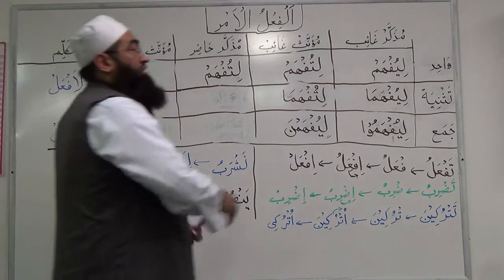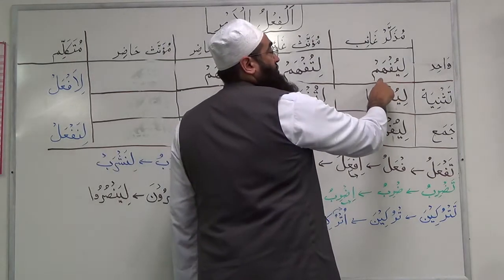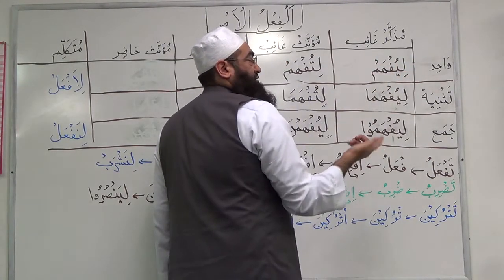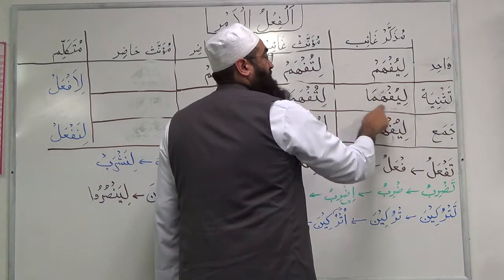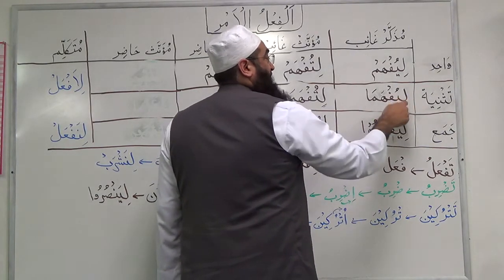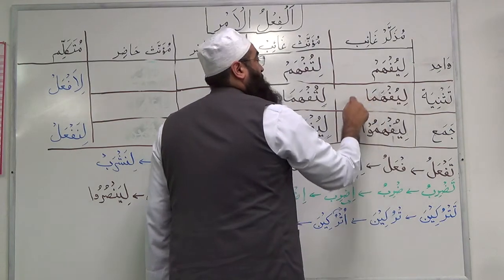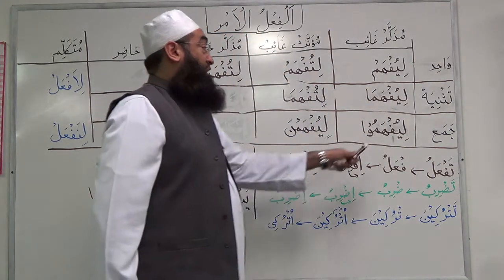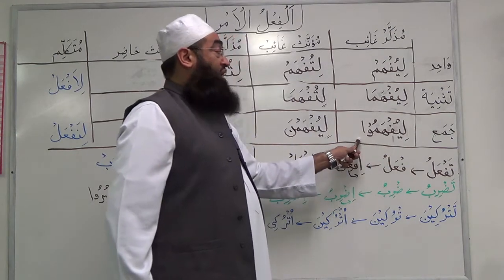All you did here, it was actually yufhamu. All you did was add the lam, and you made that sakin. All you did here, it was yufhamani. All you did was add the lam, and because you added the lam, the noon over here dropped. So it became li yufhamani. And then this was yufhamuna.